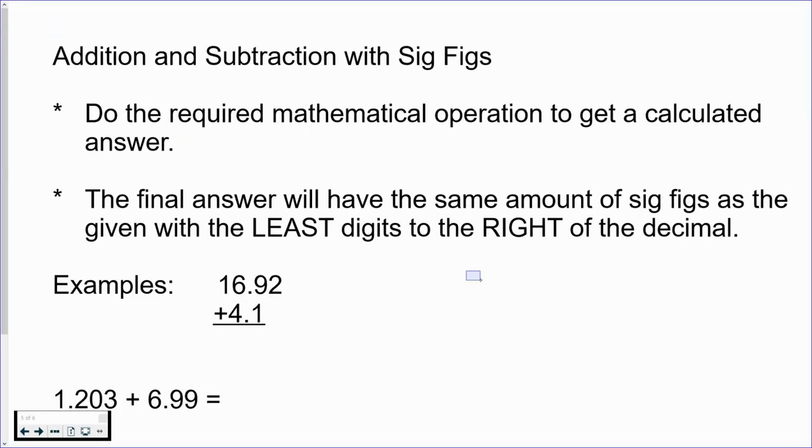We do keep. So you're going to keep all the digits in front of the decimal. It doesn't matter. And then we'll go to the least.